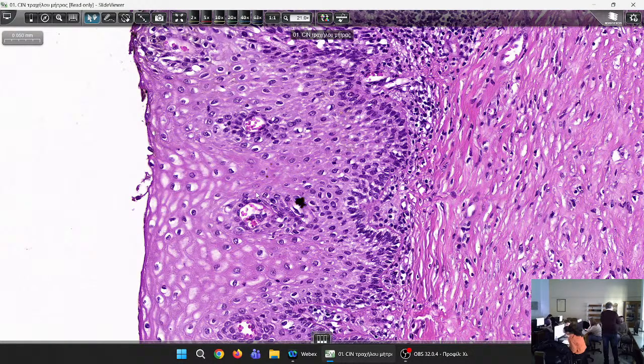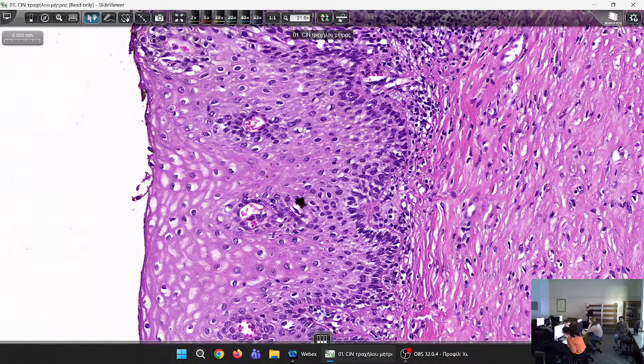So, the question is, it is either totally normal and maturing epithelium. However, there is some sort of chelocytic change in this epithelium. That means that the cytoplasm in the upper layers is not eosinophilic as normal, but it is empty somehow. It appears to be clear. So this is some sort of chelocytosis.